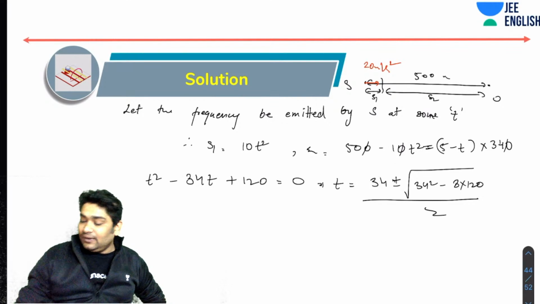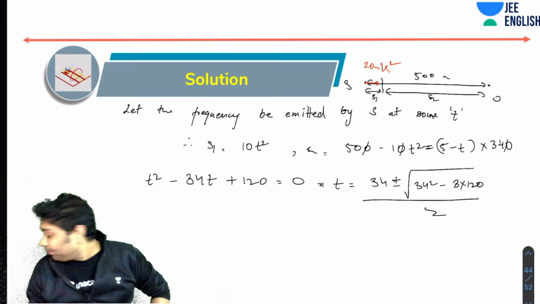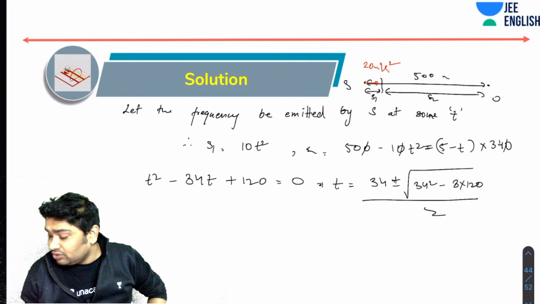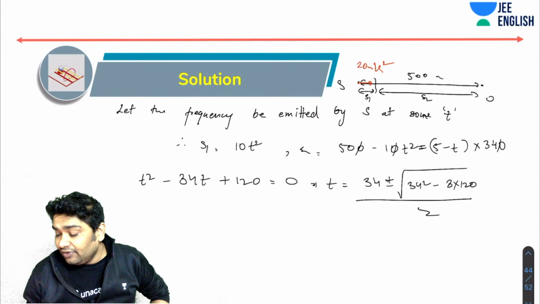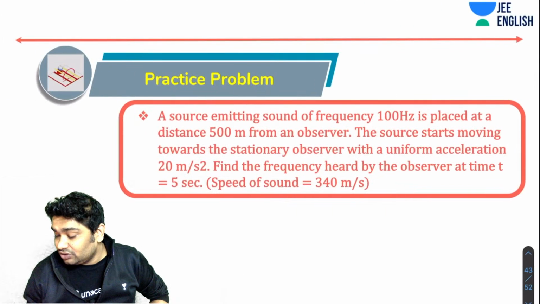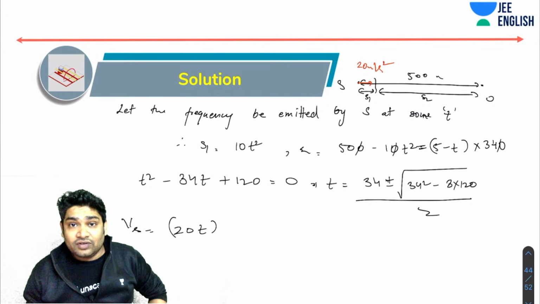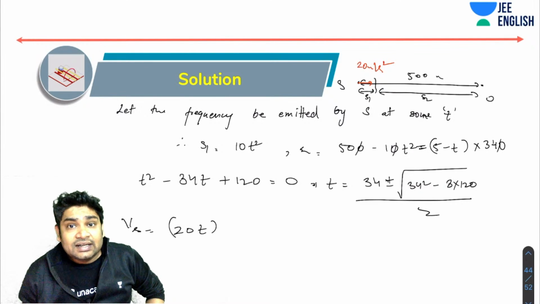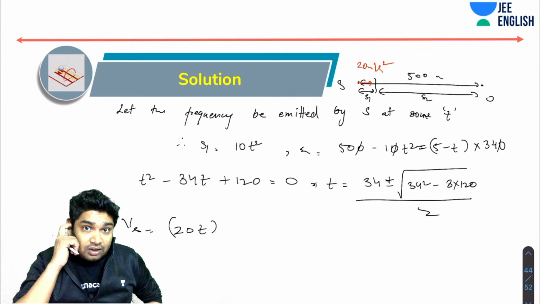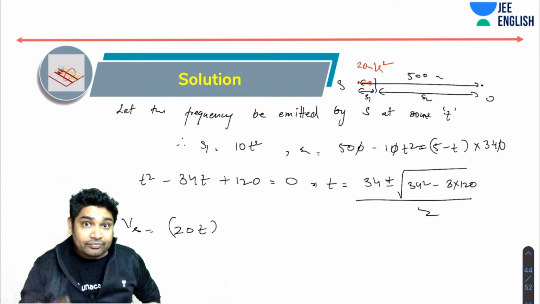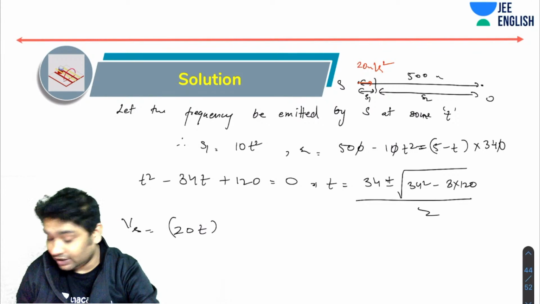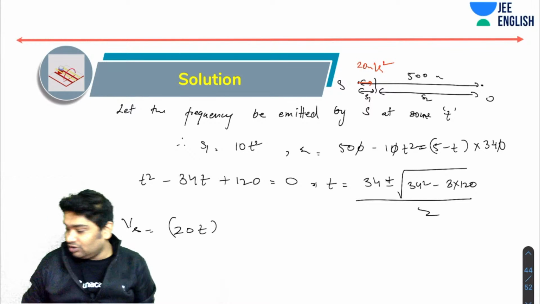Obviously we will take the minus root, and the speed of the source now would be taken as 20t. Once we find t from this equation, then we find 20t, that will be the speed of the source, and from that we will determine the frequency heard. Okay, let me just quickly solve this.